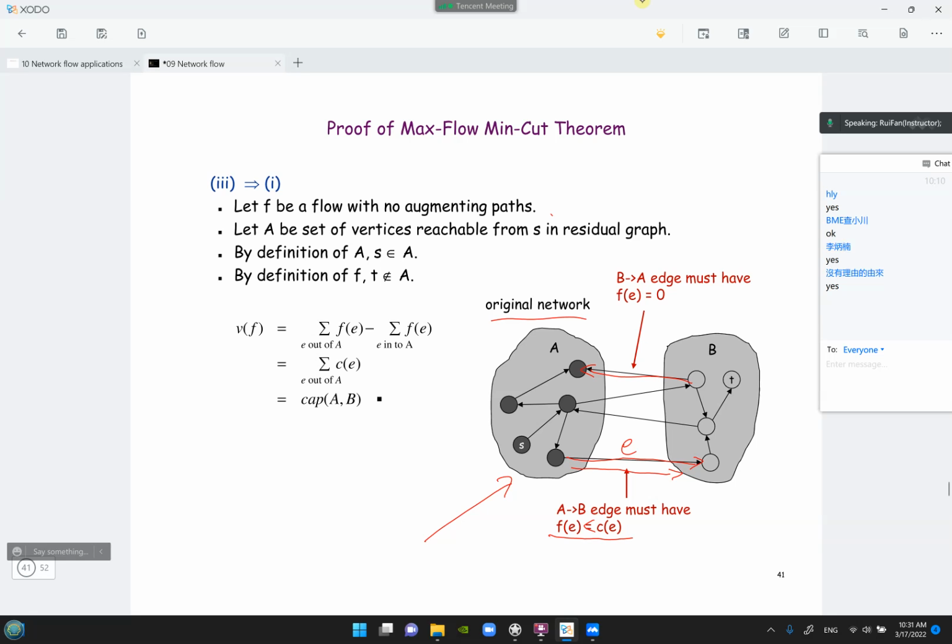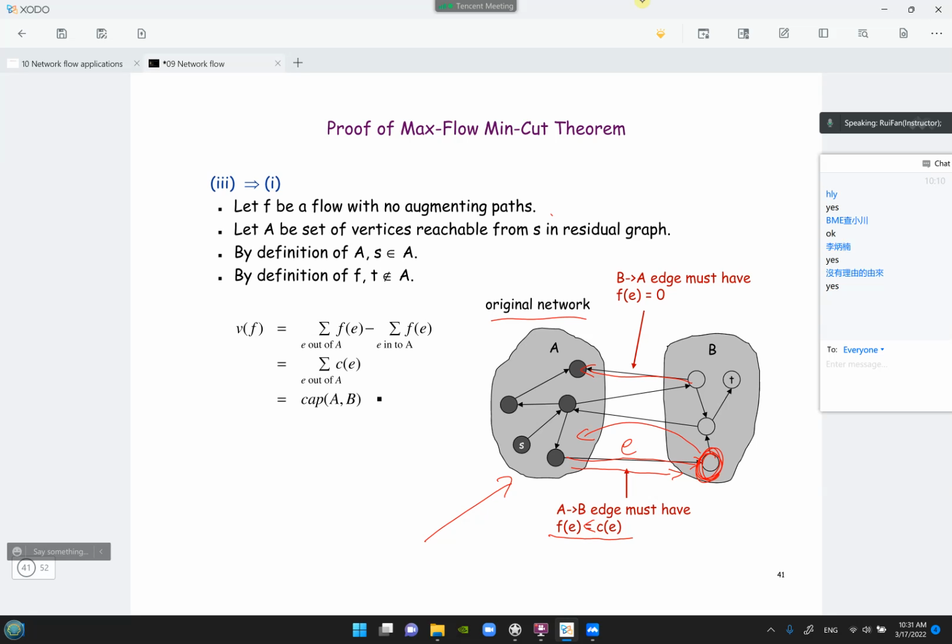But then that would mean that this node over here is still reachable from S. So that node should actually be part of A, because A is everything you can reach from S.